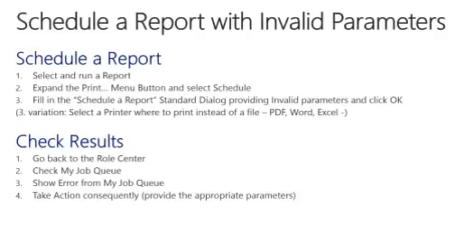This error will be reported in my job queue part in your role center, and a notification will be generated accordingly. Then you just have to take action consequently, such as deleting the notification and performing the action again, amending the invalid parameters.